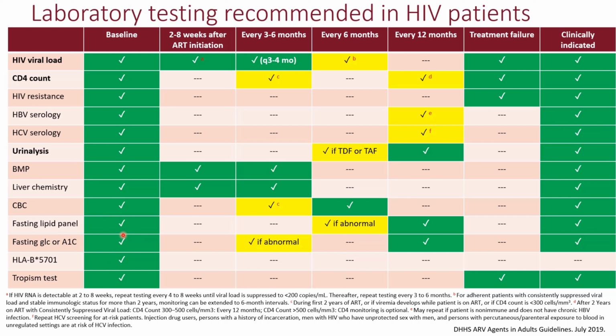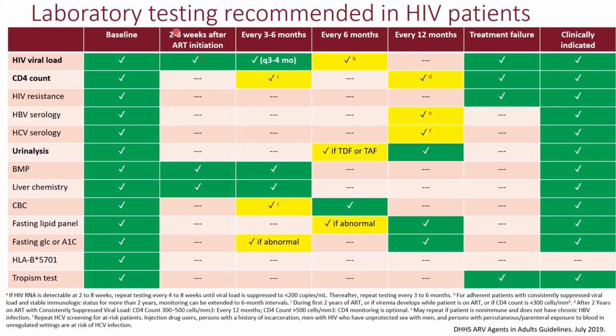And if you are to use abacavir, you need to get the HLA-B*5701. If you are not using abacavir, this is unneeded. And a tropism test is only needed if the patient is to be started on maraviroc. So if maraviroc is not needed, this test is unnecessary.